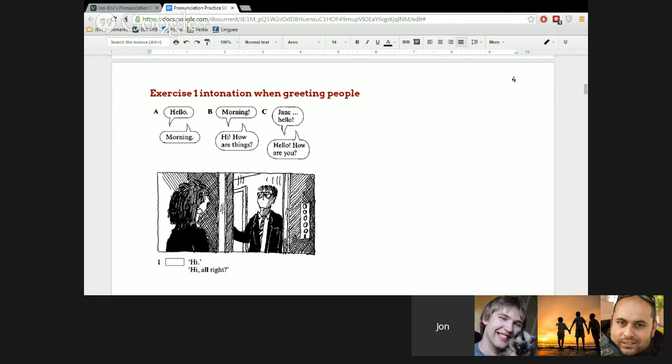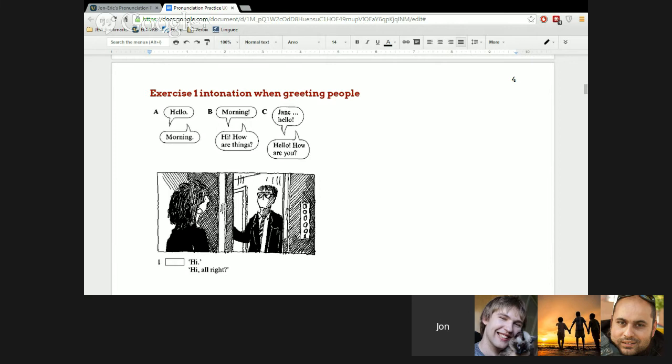Okay, so let's try these little dialogues and see how our intonation changes. Igor, what is intonation? Do you know that word? It's a fancy word. Intonation is the way you use your voice when you talk. It's like up and down in pitch. You can say hello, or you can say hello.